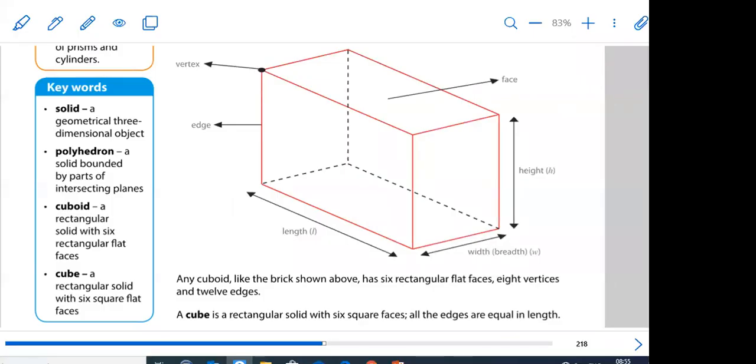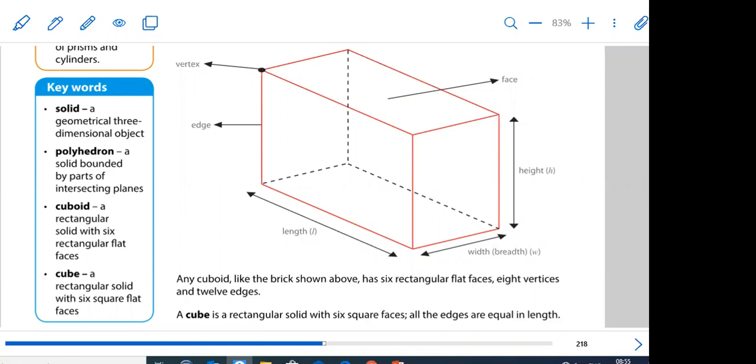Now, remember that we defined our cube as well as our cuboid in the beginning. And of course, any solid can be classified as a geometrical 3D object.